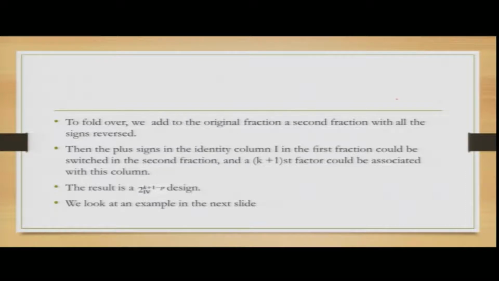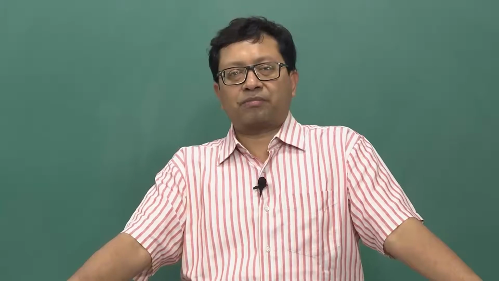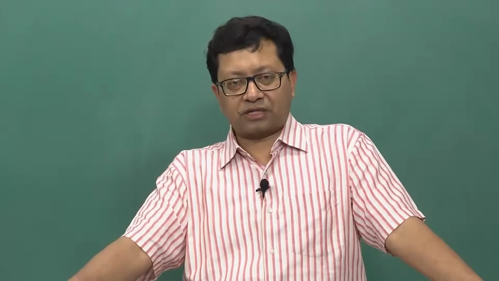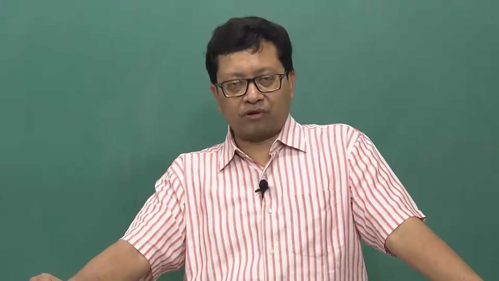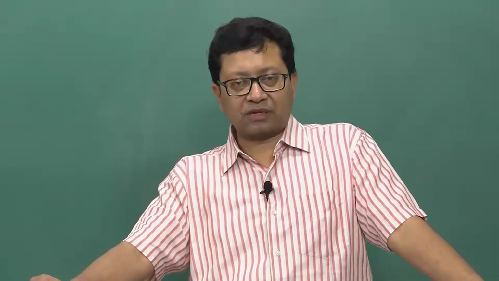Then the plus sign in the identity column for the generators in the first fraction could be switched in the second fraction, and in this way we find out the different combinations of plus and minus which can be done. This would result in a design of 2 to the power k plus 1 minus p in the superscript, and in the subscript you will have 4, which is the resolution of the design you are considering.